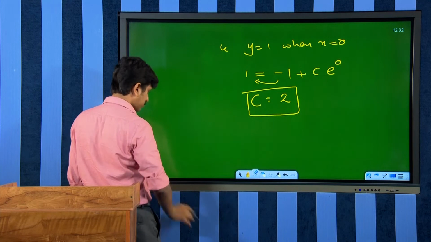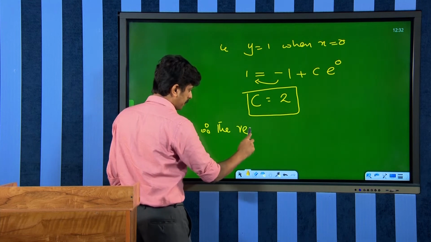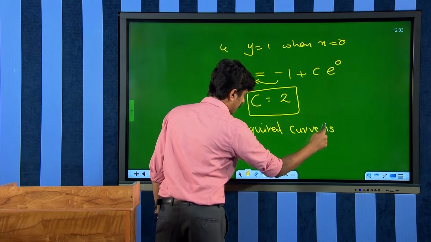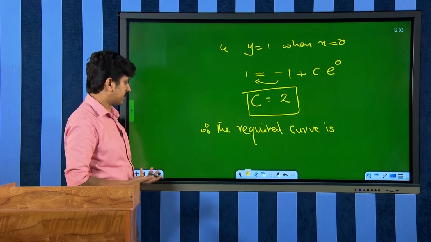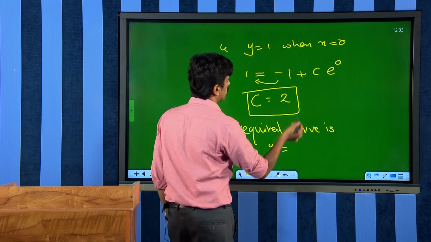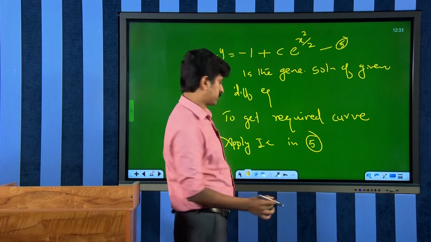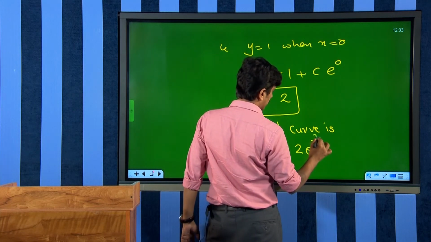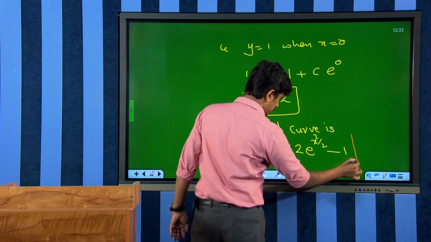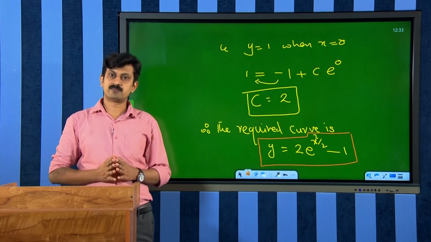Therefore, the required curve is y is equal to, instead of c, 2 e raised to x square by 2 minus 1. So, this is the actual required curve that we demanded in our question.